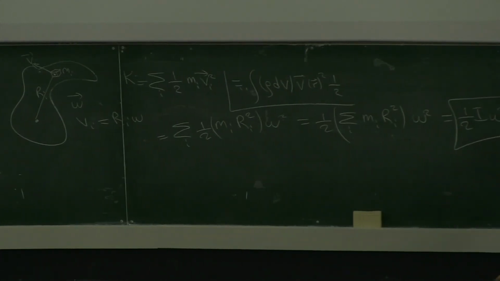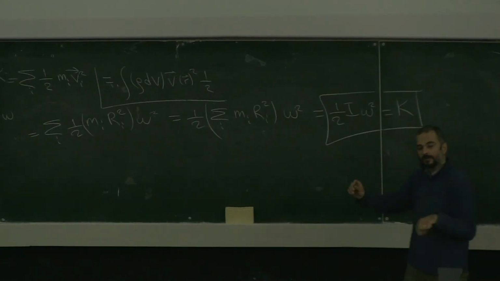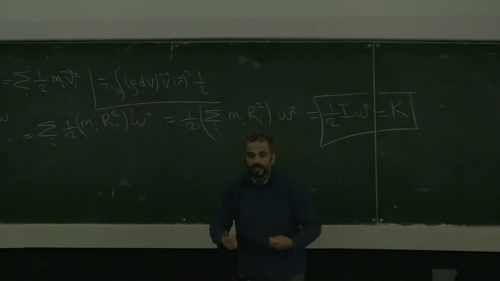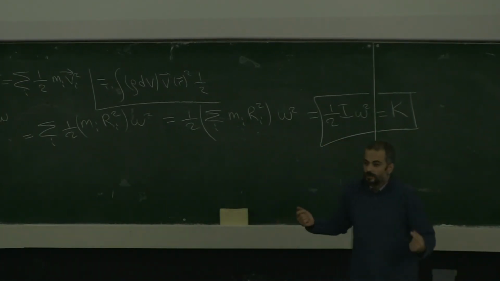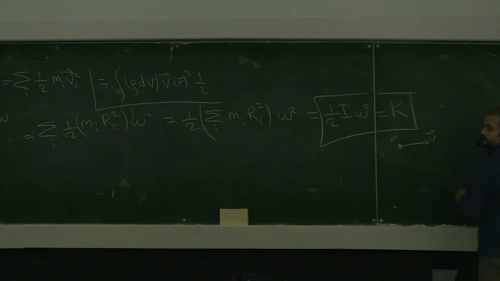You can imagine this as a kind of internal energy of the system. If you remember when we were discussing collisions, momentum is conserved in collisions, but imagine that you have a mass m moving with velocity v, and another equal mass m moving with the same speed in the opposite direction.